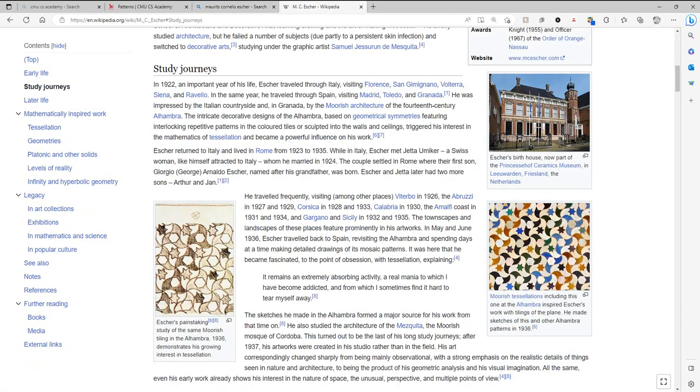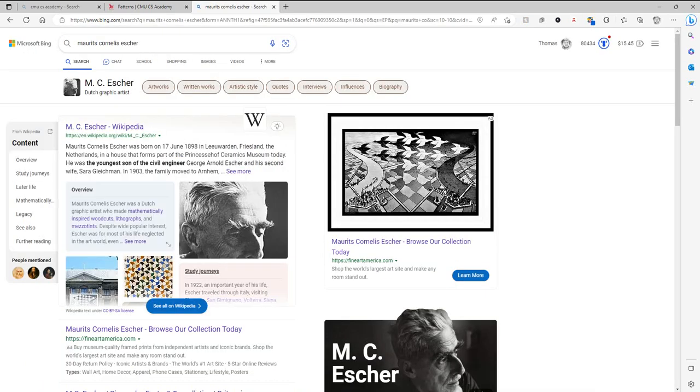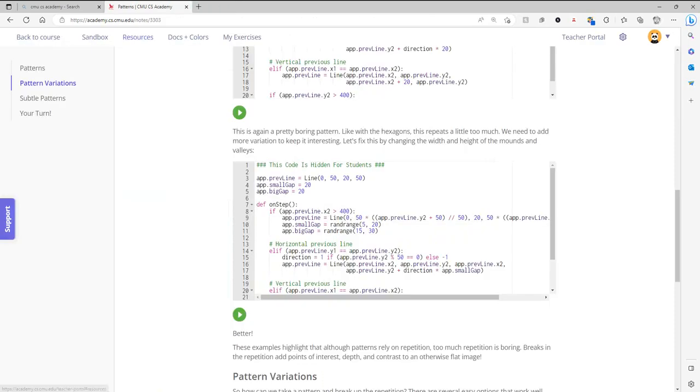His full name is Maurice Cornelius Escher, but most people know him as MC Escher. He made tessellations famous, which is all about this concept of pattern making, right?